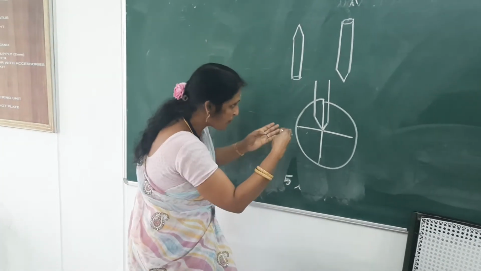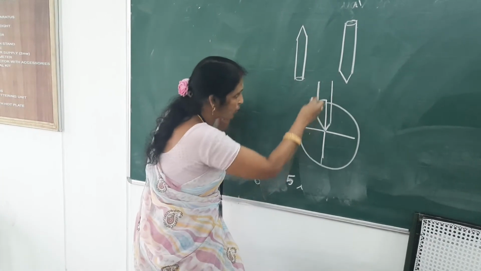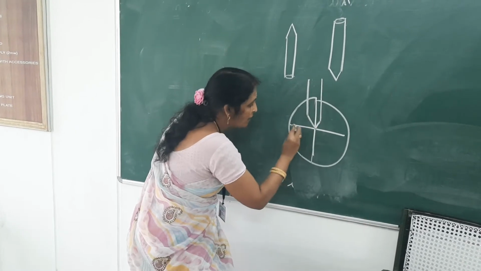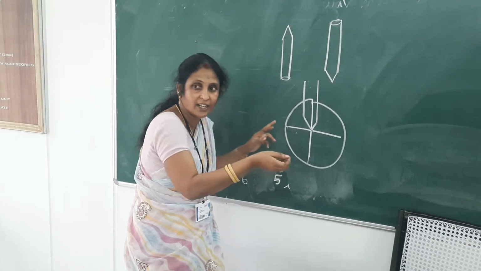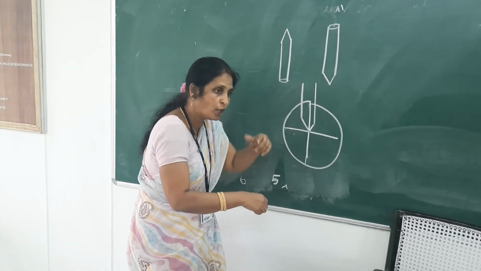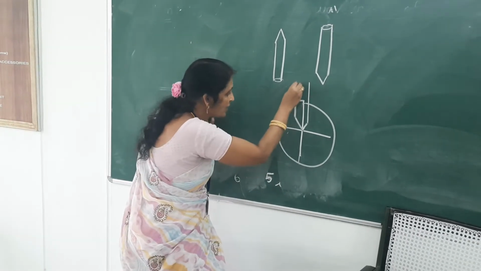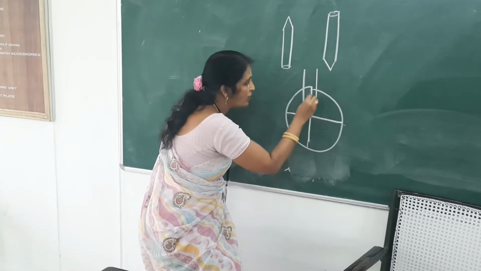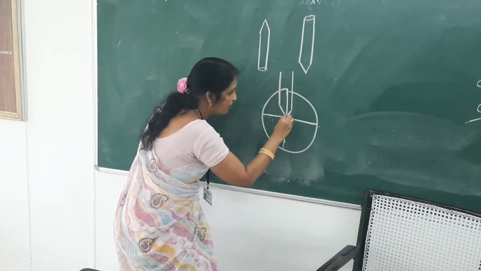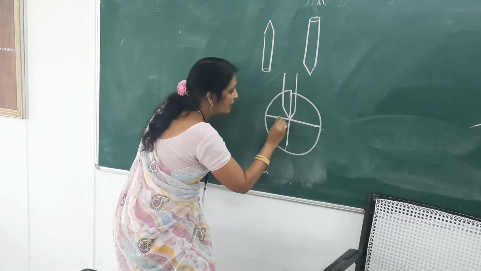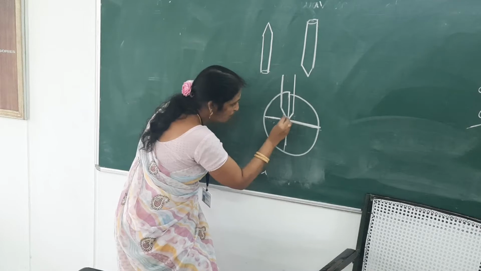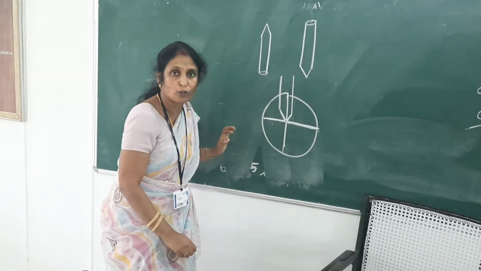We focus by adjusting the tangential and radial screws in both horizontal and vertical directions, and make the tip of the pin coincide with the horizontal line of the crosswire. Like that we have to focus.